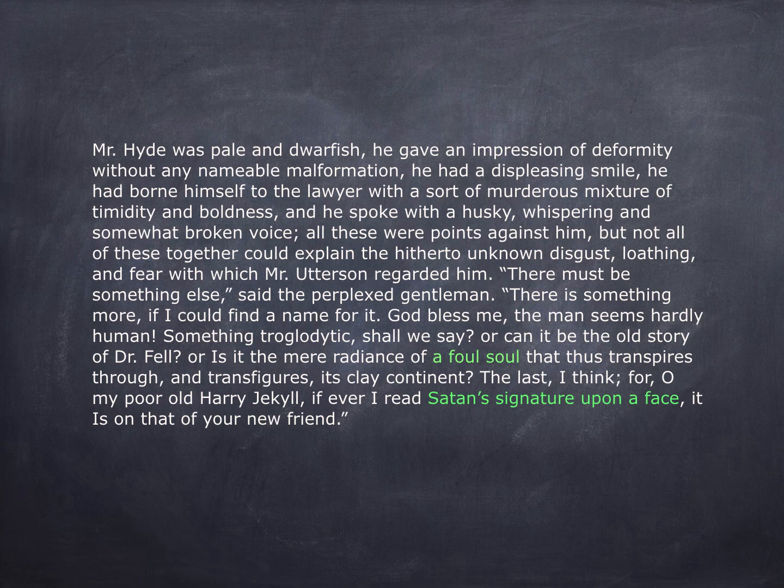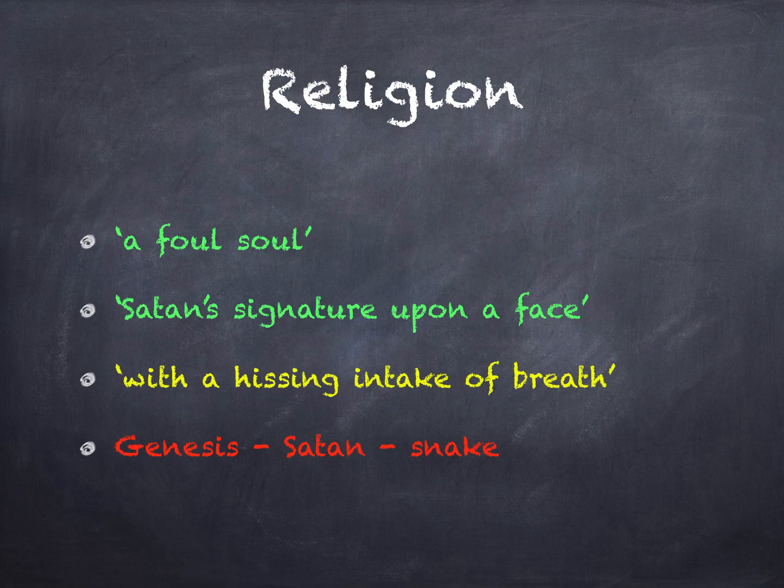The next phrases I want to explore come under the context of religion. I'm looking here at how Utterson describes Hyde as having a foul soul, or he is a foul soul, and talks about Satan's signature appearing on his face. The soul, of course, is a religious idea about the spiritual centre of a person.